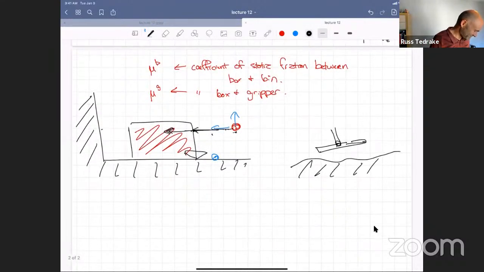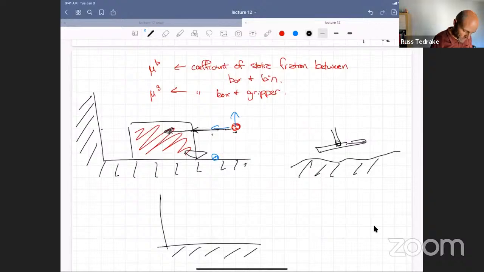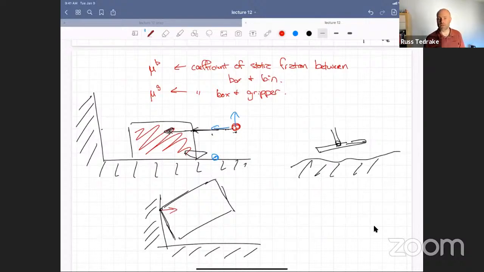Okay, now the more interesting part is how do we rotate it up? My claim is that a successful strategy, using all my constraints, would be to get the box into this sort of configuration where it's resting, applying forces only in this top corner, and I have a finger here that's applying some forces to be determined.